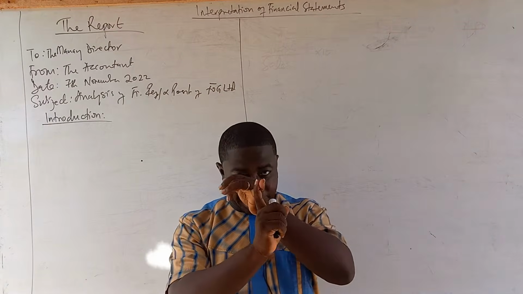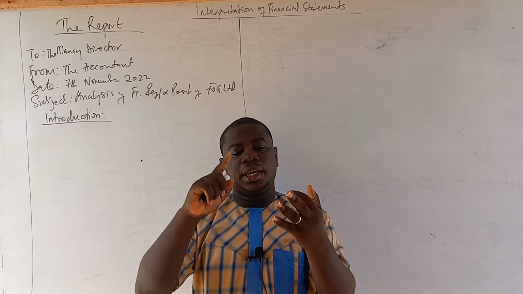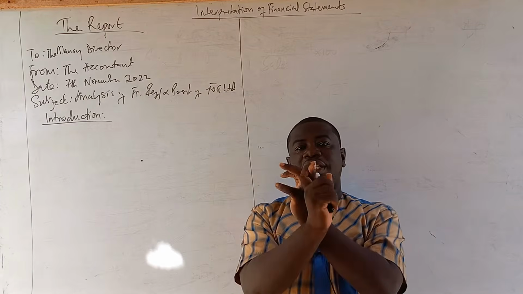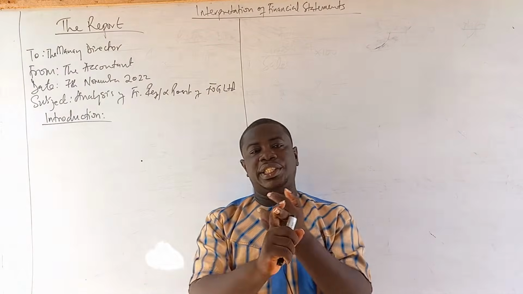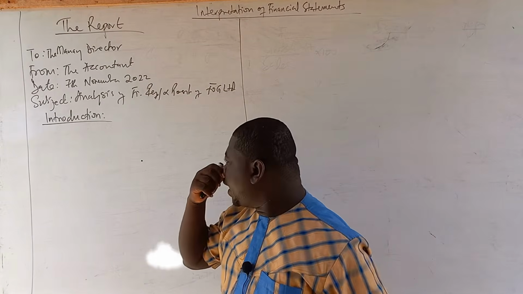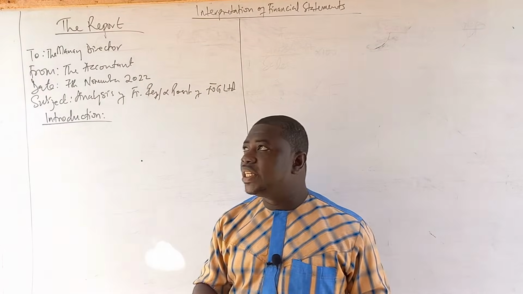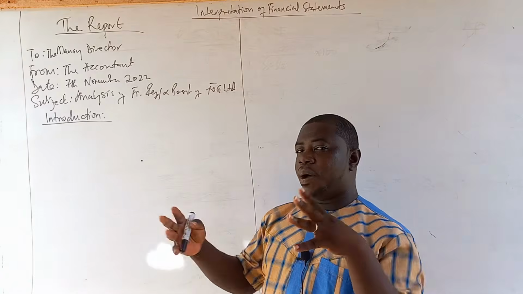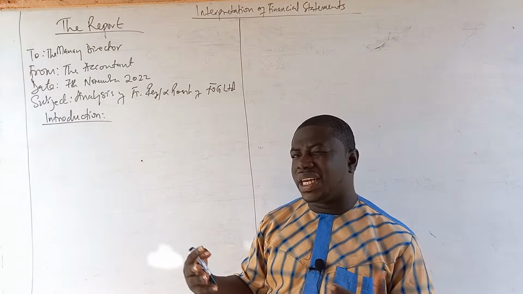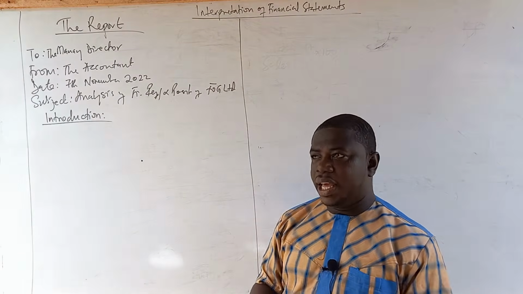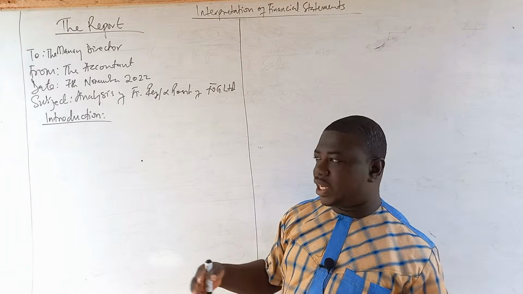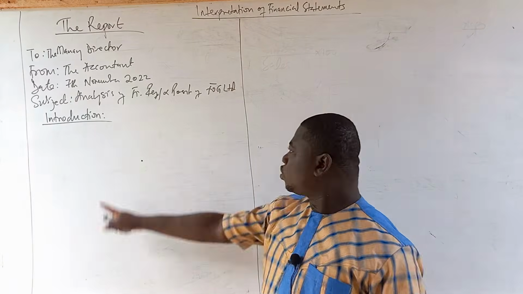It's going to be profitability, liquidity and efficiency as one heading, then gearing, and then shareholder investment. In a case where you want to analyze liquidity and efficiency together, then probably it means that the information on efficiency is not that much. That is why you wanted to combine. But where you have enough information on both headings, please separate them. So that is it.